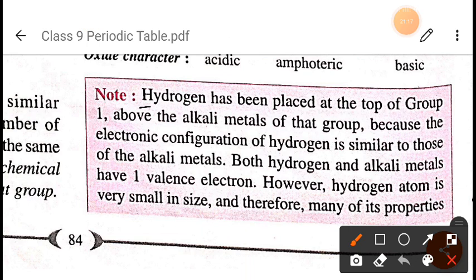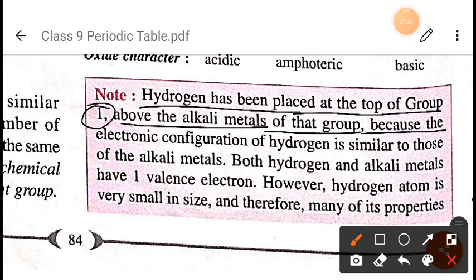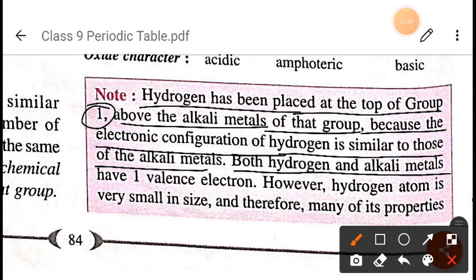As you can see, hydrogen has been placed at the top of group 1, right, above the alkali metals of that group, because the electronic configuration of hydrogen is similar to that of the alkali metals. Both hydrogen and alkali metals have one valence electron, right?